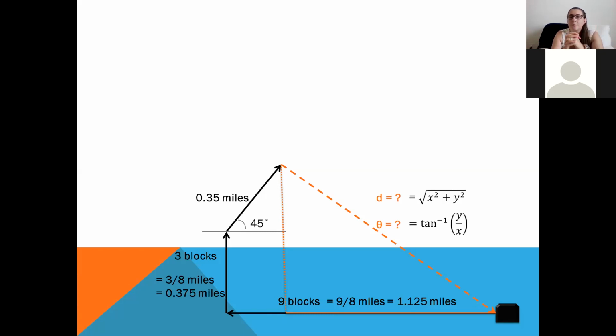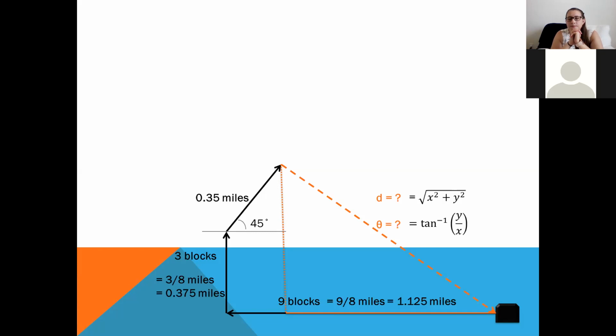We can't plug numbers into our magnitude equation until we know how big the sides of that triangle actually are. So we need to figure out the x and y components of that orange triangle.